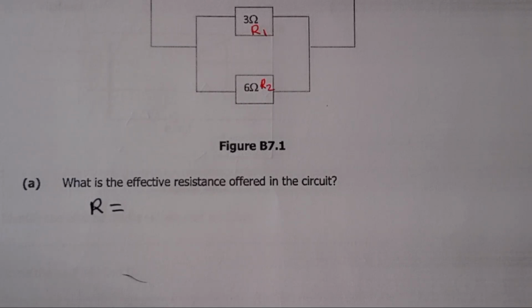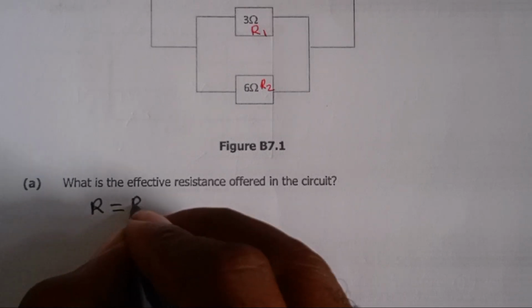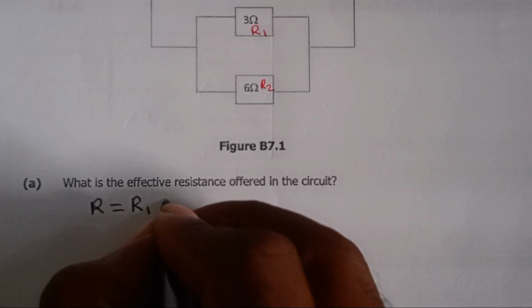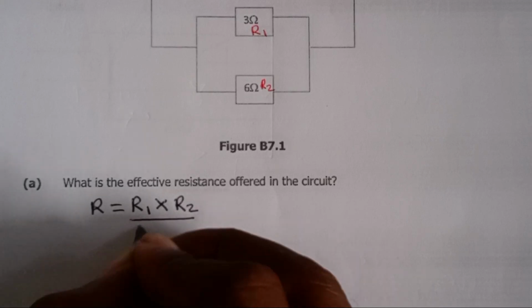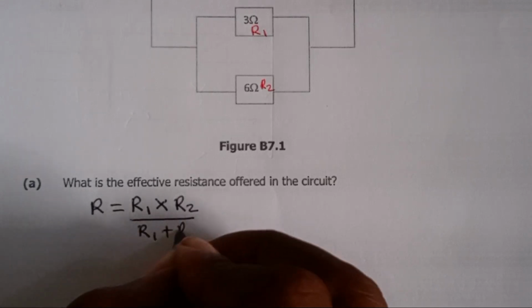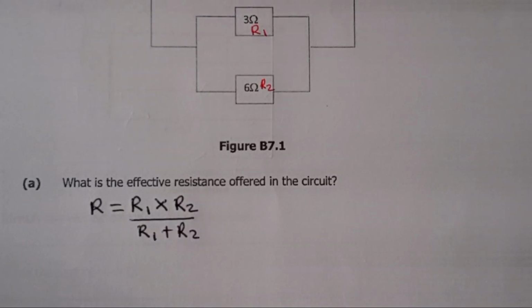So if they are in parallel and we only have two resistors, we are going to use a special case formula, which we say resistor 1 times resistor 2 over resistor 1 plus resistor 2. So that is a special formula.